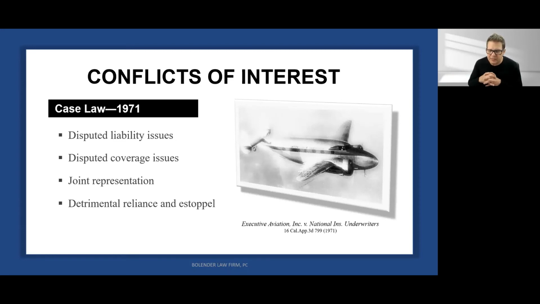In the 1960s and 70s, a few courts began observing that joint representation may occasionally function to prejudice the policyholder. In the Executive Aviation case, a wrongful death action was filed after a mysterious plane crash, and in the ensuing litigation, an issue arose as to the appropriate standard of care.